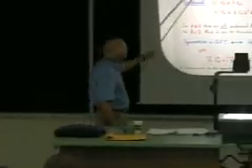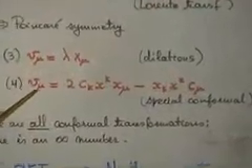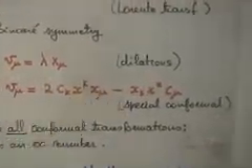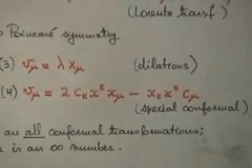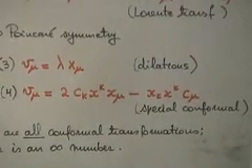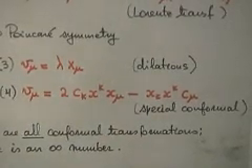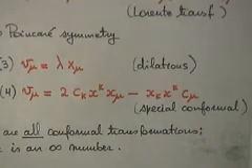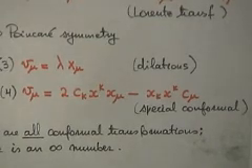Conformal transformations include these too, but also have scale transformations or dilations, and a vector-like transformation, which is called a special conformal transformation. And these things form a group, which is SO(2, D minus 1).